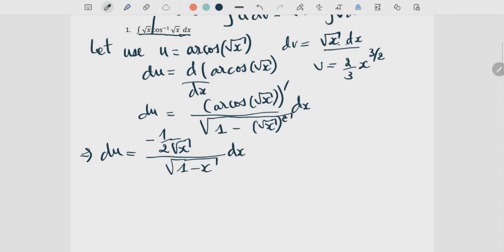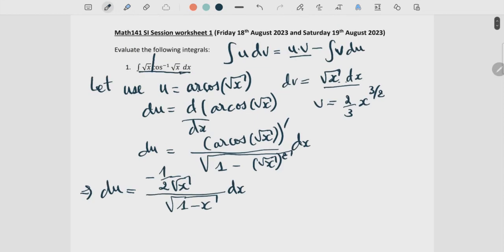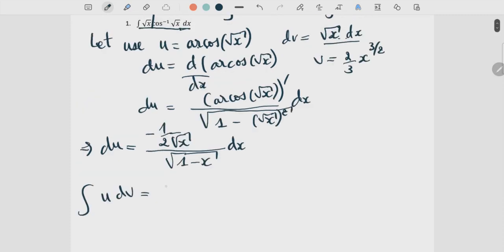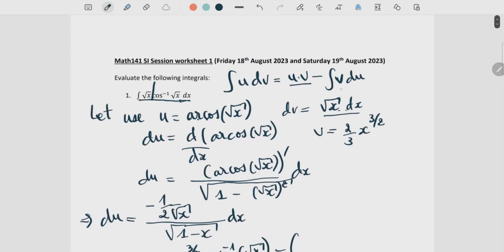So then, looking at our formula, the integral of u dv is now equal to uv. So what is our u? What's our v? Our u is our arc cos, and our v is 2 over 3 x to the 3 over 2, that multiplied by cos inverse of the square root of x, minus the integral of v du.